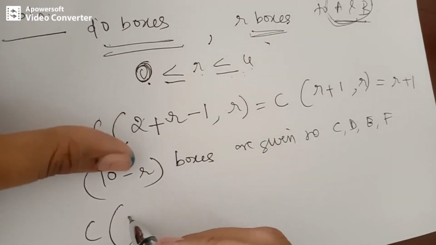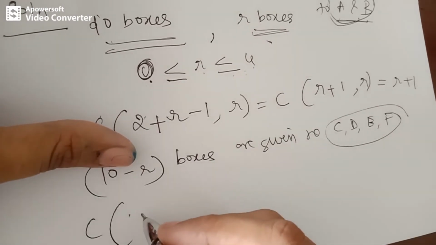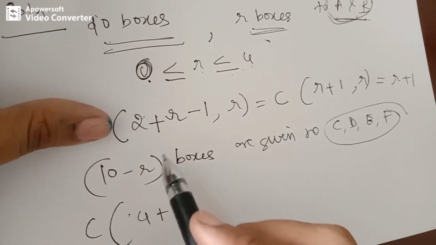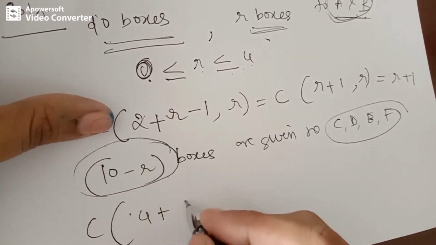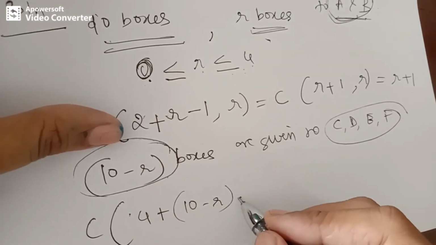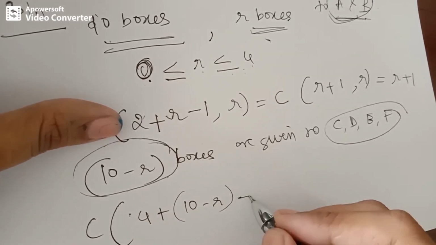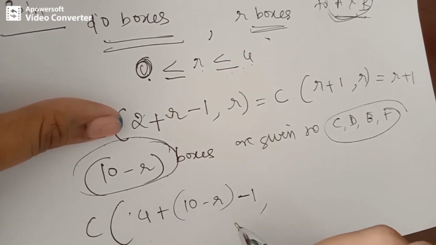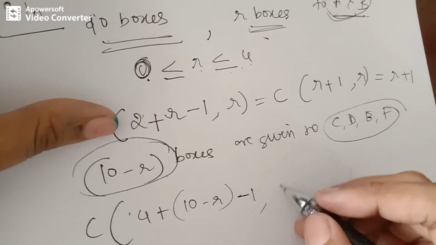We have to give it to 4 people, so n is 4. The formula is n plus r minus 1 choose r.